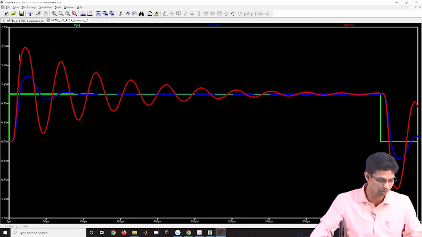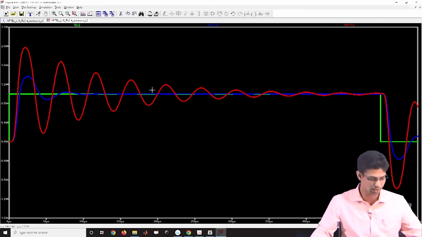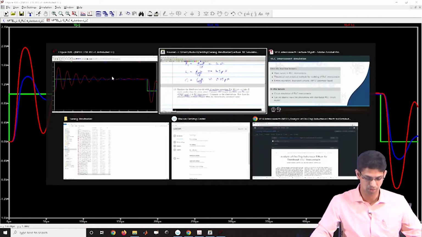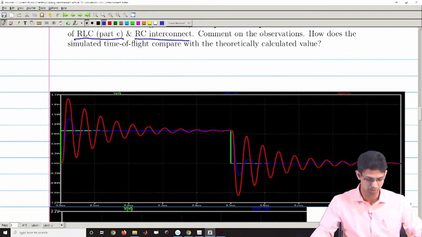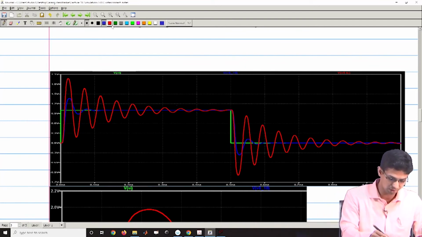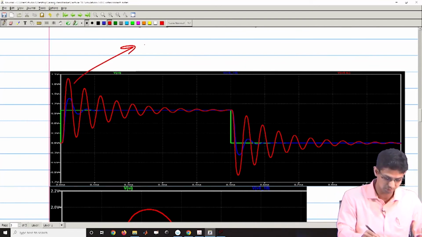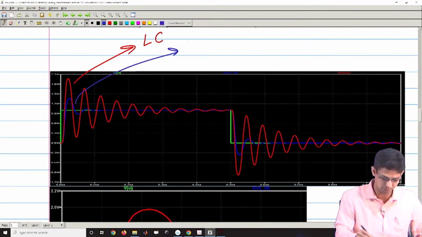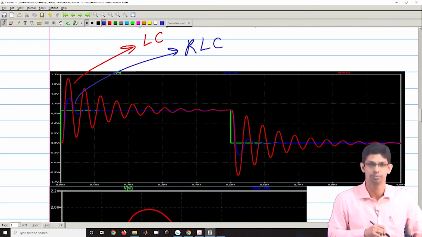Now let us look at this in more detail. I have actually taken this snapshot already and included it here. So this is my case. Let me highlight this. This is my LC, and this blue curve is my RLC.